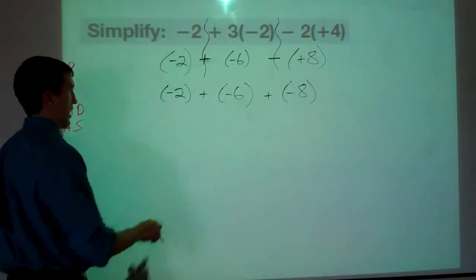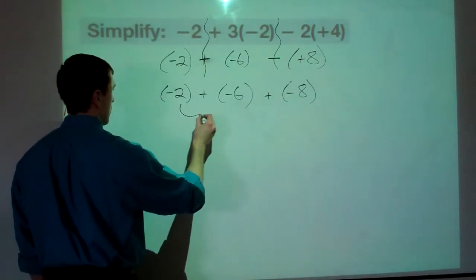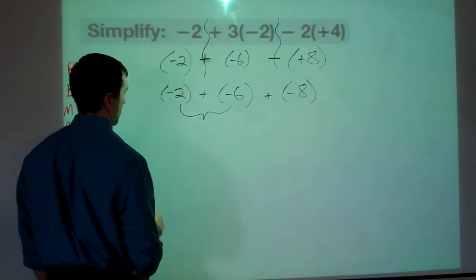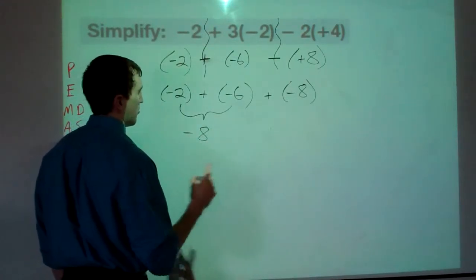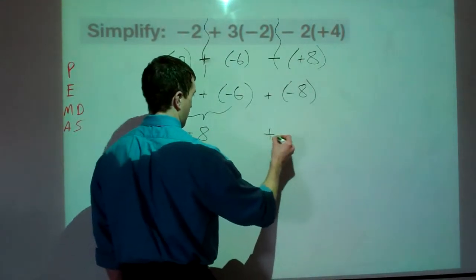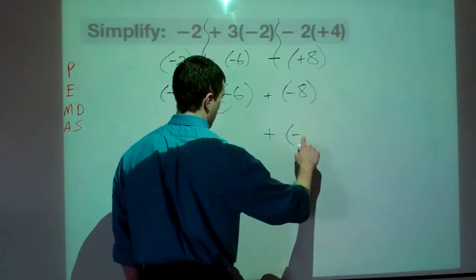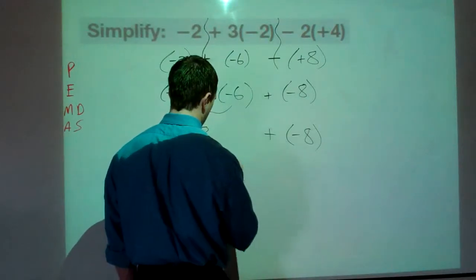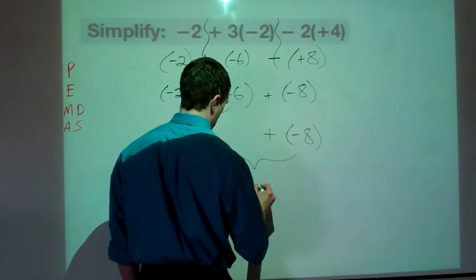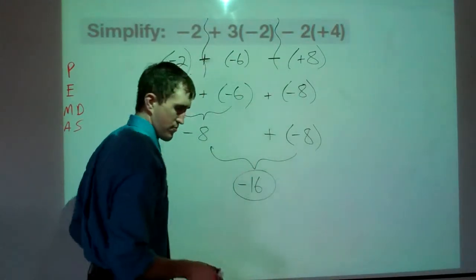And here we go. We've got negative 2 plus negative 6 is negative 8, plus a negative 8. Should be negative 16. Okay?